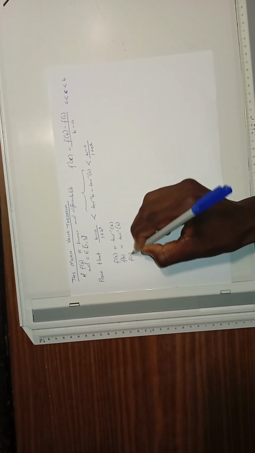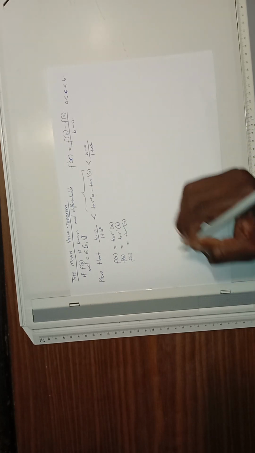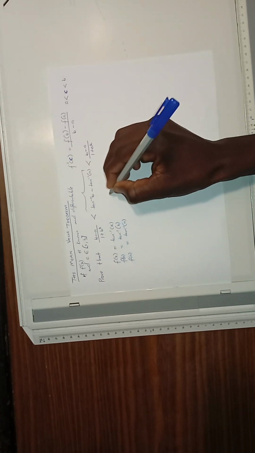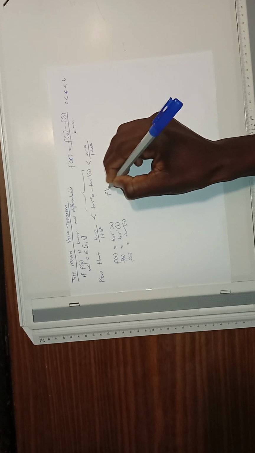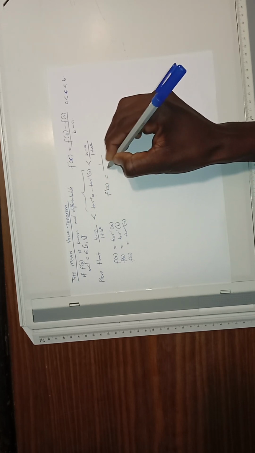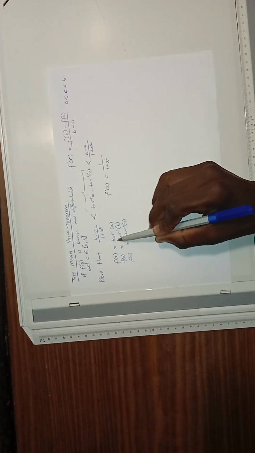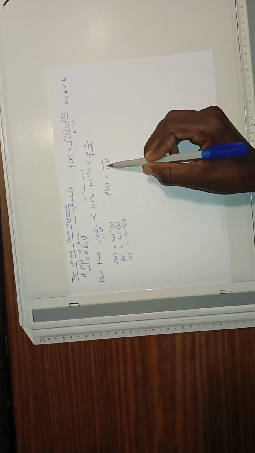Our f of a is equal to the arctan of a, and f prime of x is equal to 1 over 1 plus x squared. If we differentiate arctan of x, we get this one.